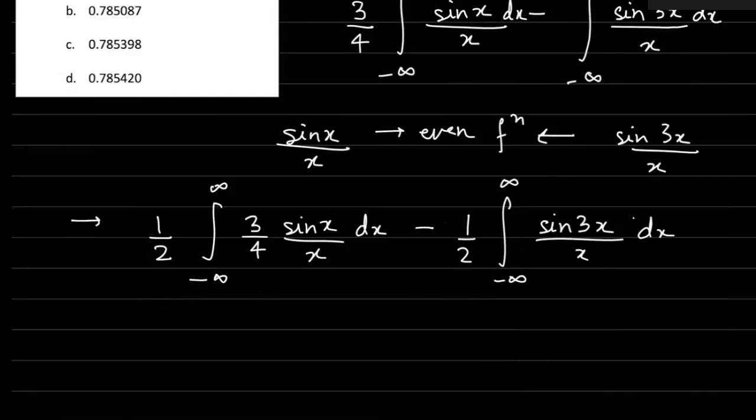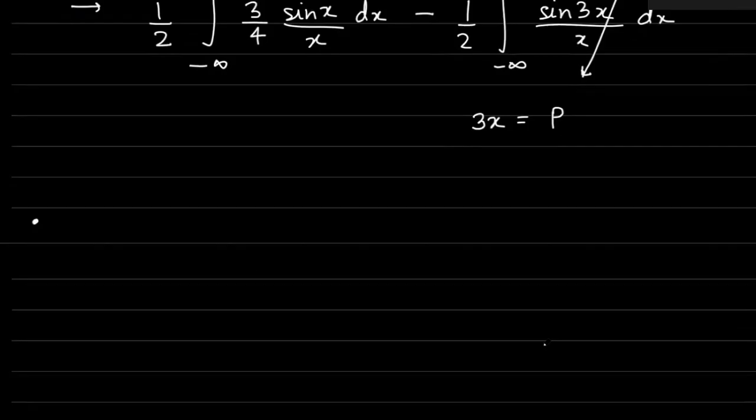Now, this thing can be further reduced by a suitable change of variables. Let 3x equal some p. Therefore, your limits will remain the same. And this integral will become this thing.